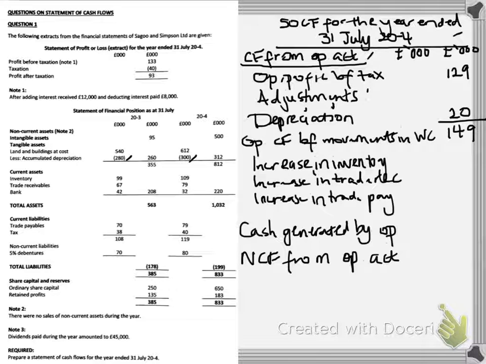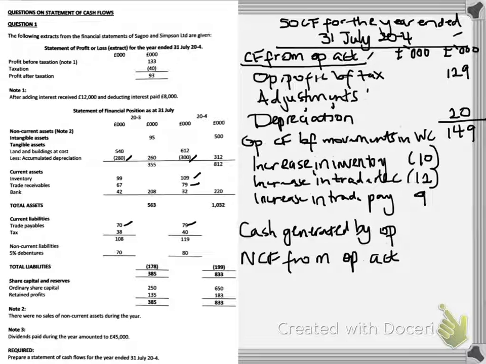Inventory has increased by 10 pounds. That is a cash outflow. Trade receivables has increased by 12 pounds. That is a cash outflow. And trade payables has increased by 9 pounds. That is a cash inflow. Sorry, we do not need the bracket here.